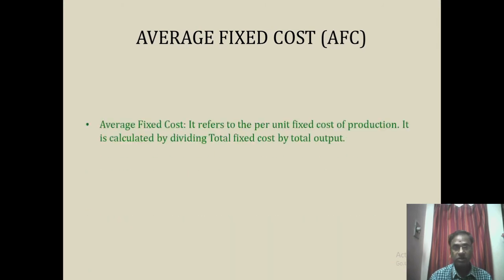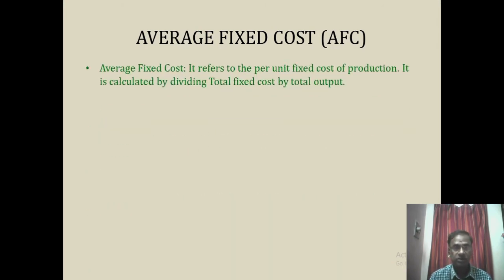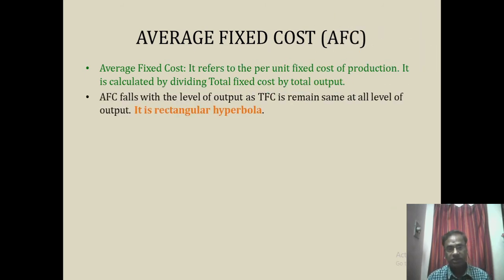This average fixed cost is obtained by dividing the total fixed cost by the quantity of output. The AFC falls with the level of output, as TFC is the same at all levels of output. And the AFC is equal to TFC divided by Q, the quantity of output.